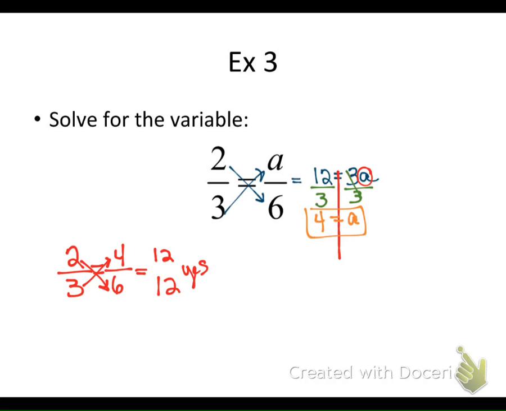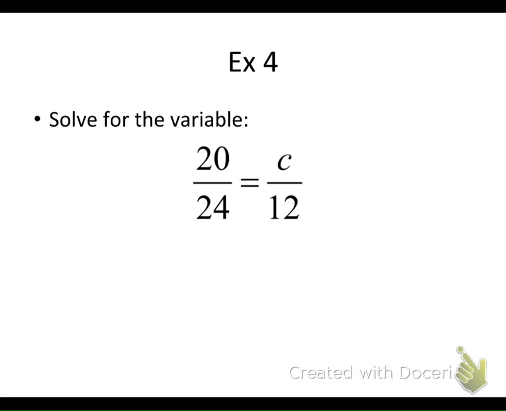All right, let's take a look at example number 4. Solve for the variable. So again, I'm going to cross multiply. So when I cross multiply, Joey, what am I going to do first? Okay, and when you take 20 times 12, what do you get? Okay. Then put my equal sign. What's the next thing I do, Joey? And that equals? All right, from here, Devante, what do I do?